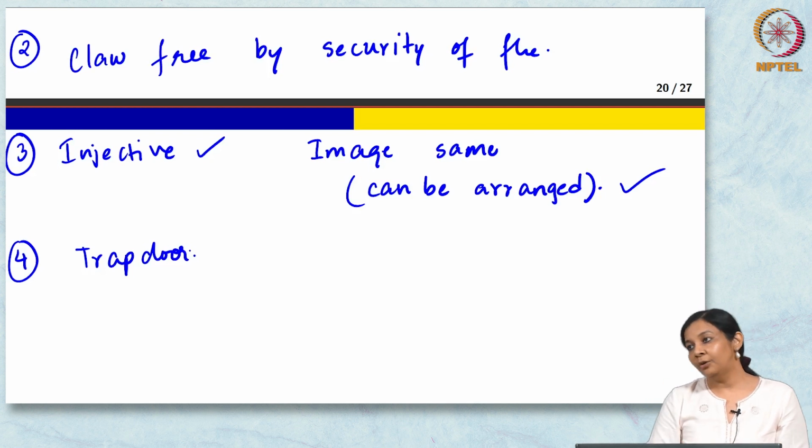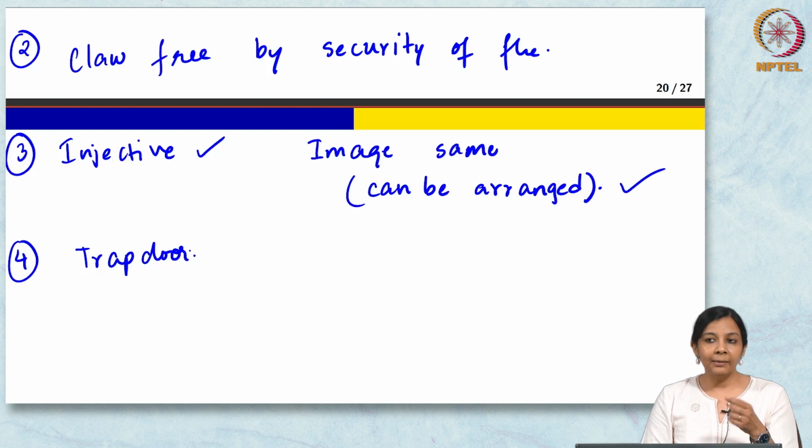Okay. We did not do it in this course, but there are trapdoors of lattices, and in these lattice based FHE schemes, I can use that lattice trapdoor to recover the randomness.